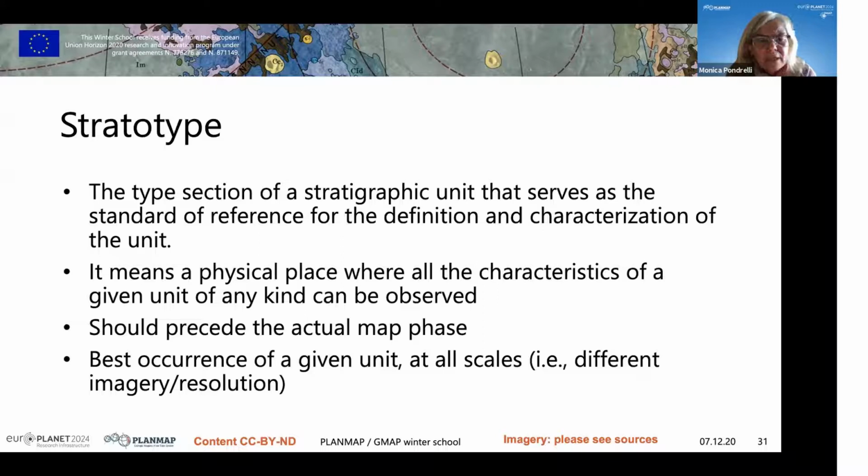It's a physical place that serves as a standard of reference. So if I want to map in a specific area, I can go to the stratotype and look at my unit. In Italian, we say make the eye, to understand how this unit looks, and be able to map this unit also elsewhere, maybe where the outcrop conditions are not as nice as in the stratotype.